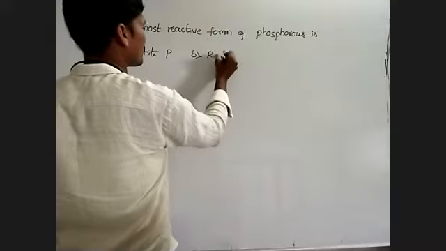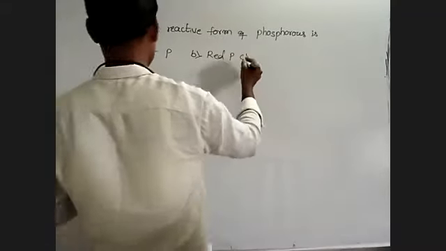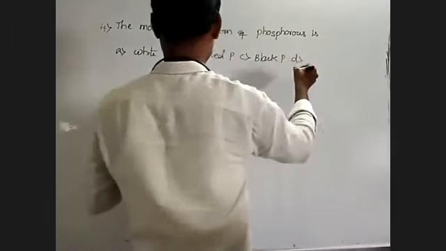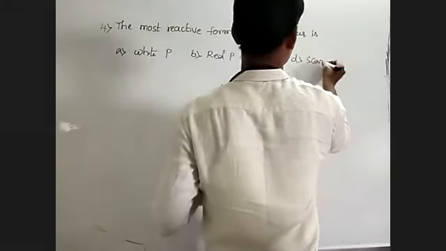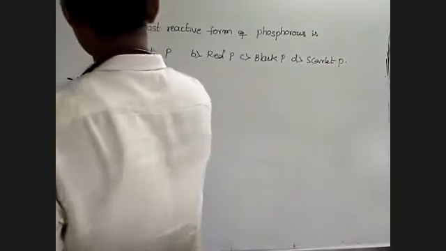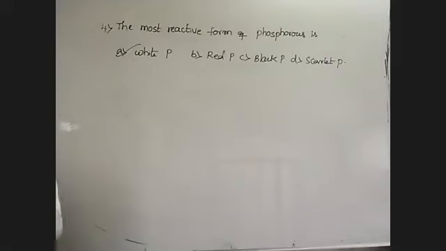B, red phosphorus. C, black phosphorus. D, scarlet phosphorus. So white phosphorus is the correct option.